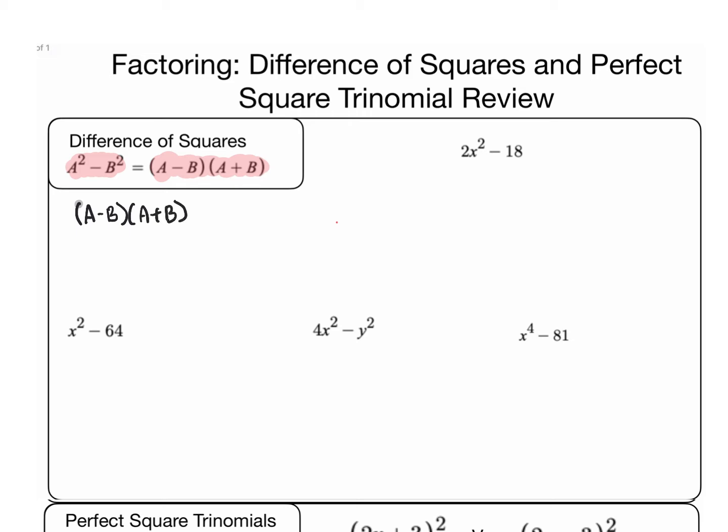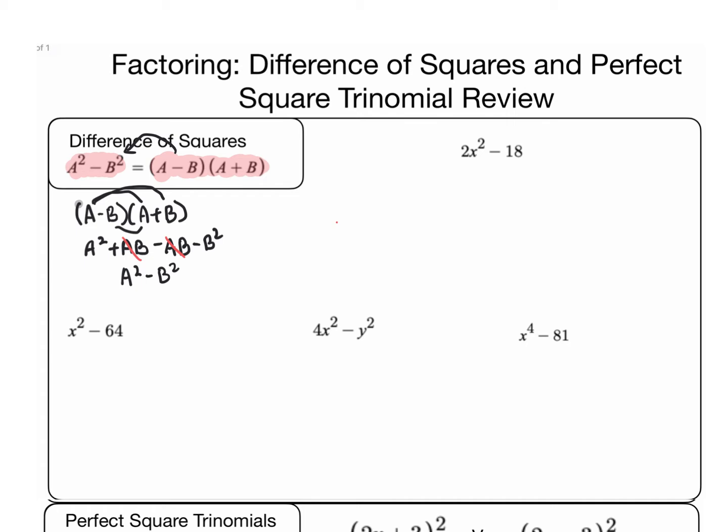To show that this equals that, we multiply it out and we get a squared, then plus ab, and then a negative b times a gives us a negative ab minus b squared. You can see that these cancel out and we are left with a squared minus b squared, which is a cool little factoring pattern.